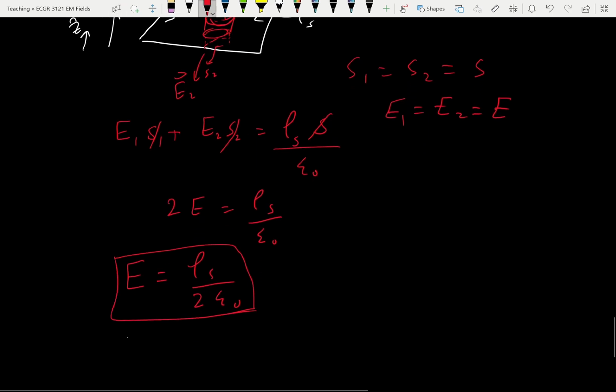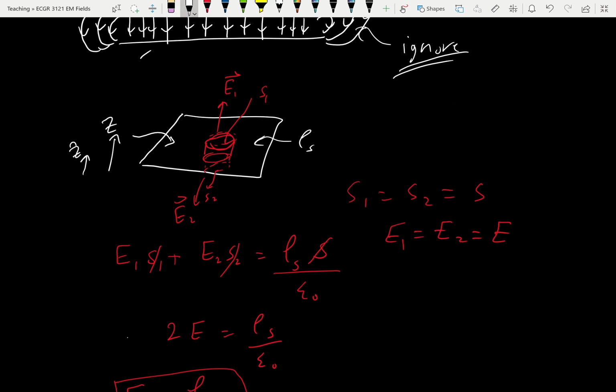So I can write the electric field here as follows. I'm assuming the plane is at z equals 0.